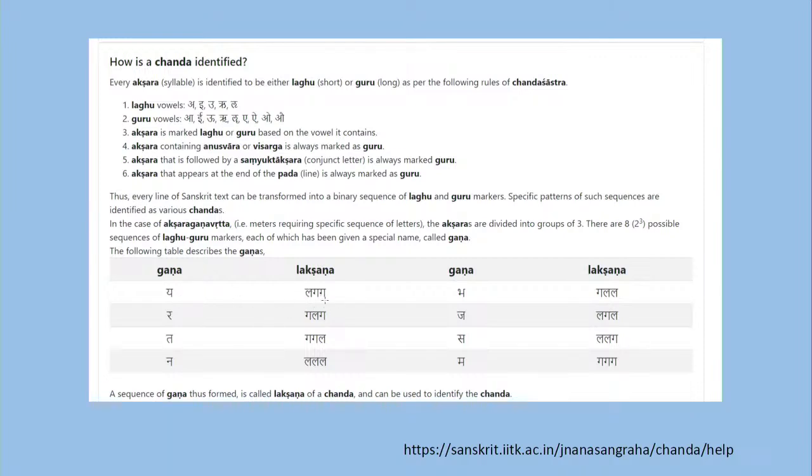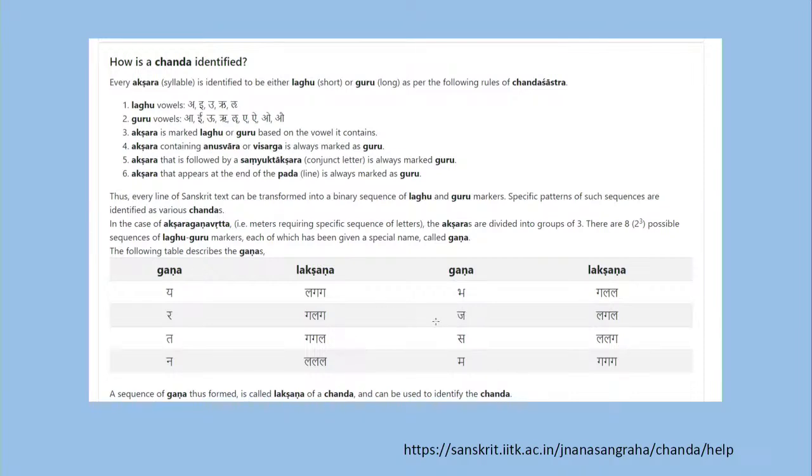That is, the first akshara would be Laghu, the second akshara would be Guru, and then the third akshara would be Guru. So this is the lakshana of ya gana. Then the ra gana, the first akshara would be Guru, the middle akshara would be Laghu, and the last akshara would be Guru. So these are the 8 ganas with specific lakshanas.